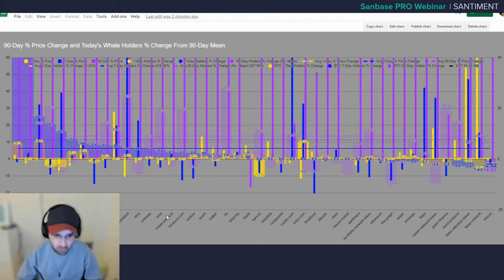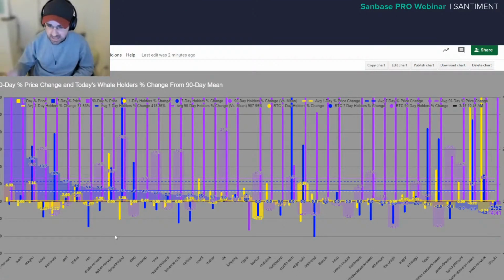We're looking at around 40 different assets. For most of these assets, we deem a whale to be any holder that holds $100,000 or more in USD.